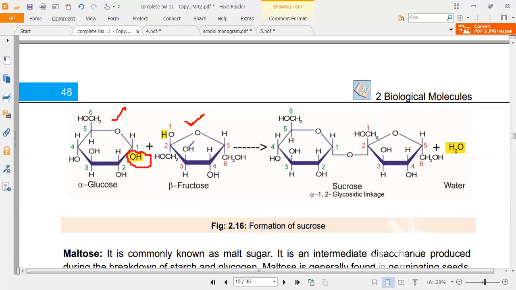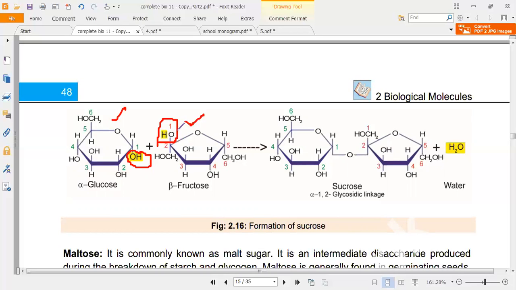And in fructose, the hydroxyl group is present up in the orientation on carbon number 2.